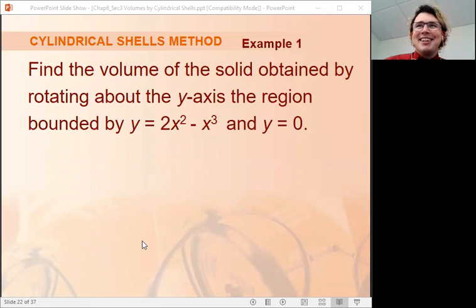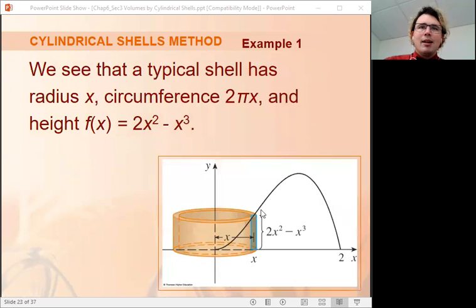Let's actually calculate volumes of horrible looking Jell-O molds. So our function is going to be y equals 2x squared minus x cubed. And we're going to use that to define some region on the xy plane between this function and y equals 0. Here is that picture again.